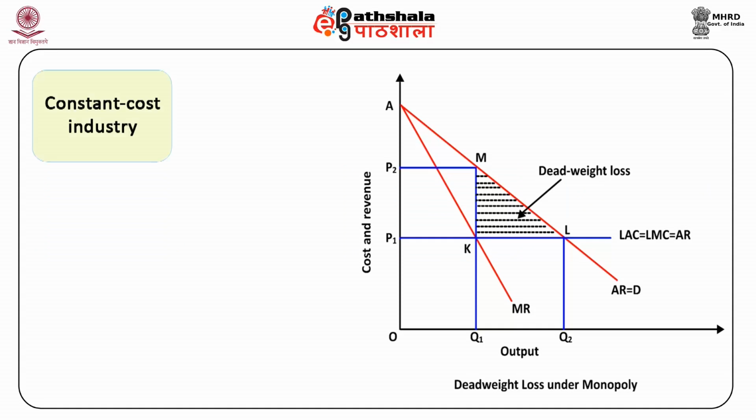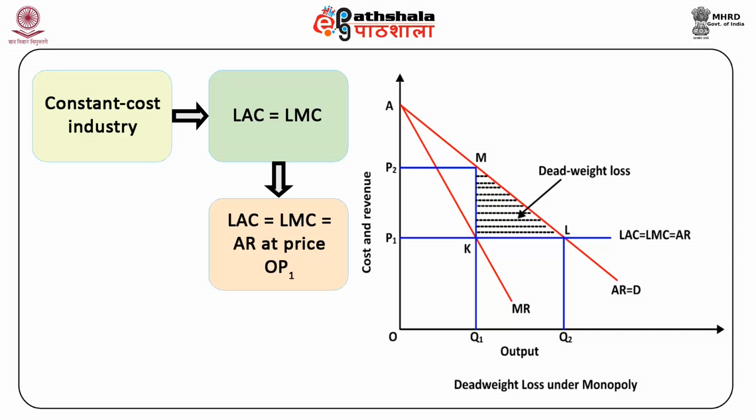Suppose there is a constant cost industry which has LAC equals LMC. Given AR and MR curves, a perfectly competitive industry will produce OQ2 at which LAC equals LMC equals AR at price OP1.